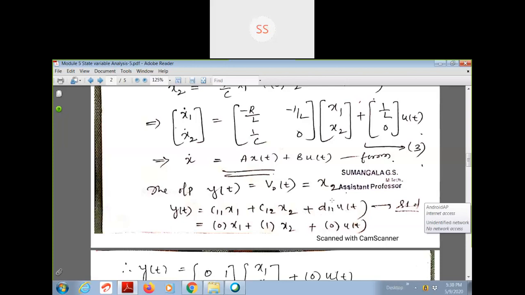This is because only one applied input, only one vi of t, is there. Now just compare this standard equation with this, or in other words, we will write the y of t equation in the standard format. Here we see that y of t is simply x2. It means the coefficient of x1 is 0 as well as the coefficient of u of t is also 0.